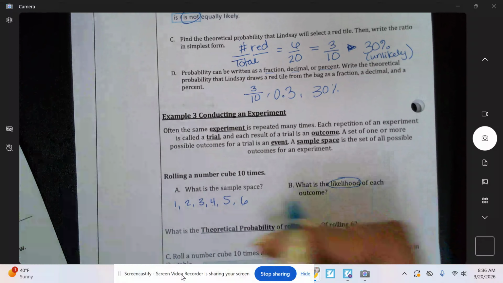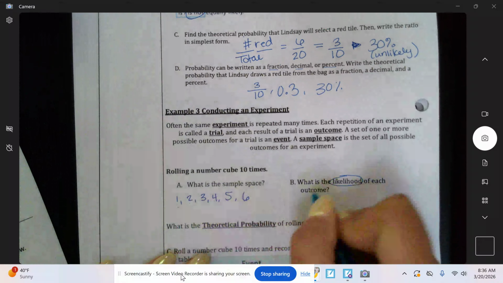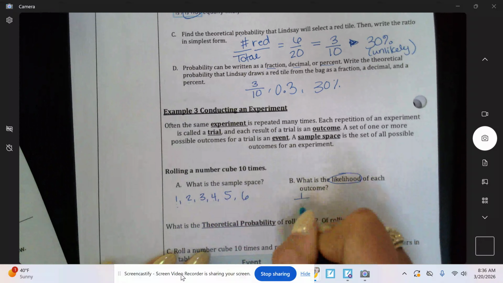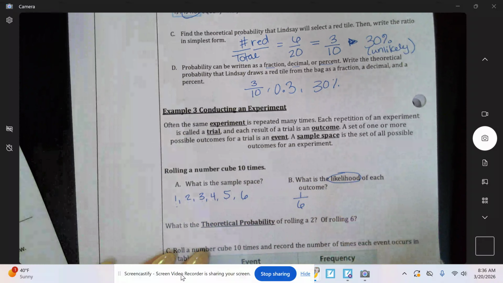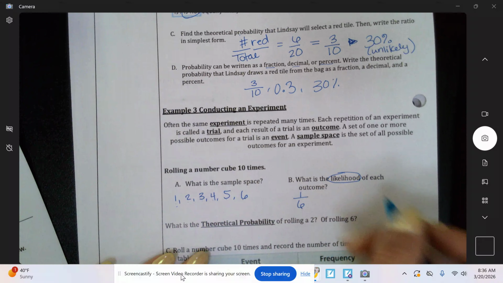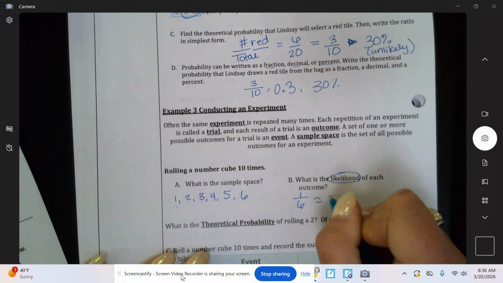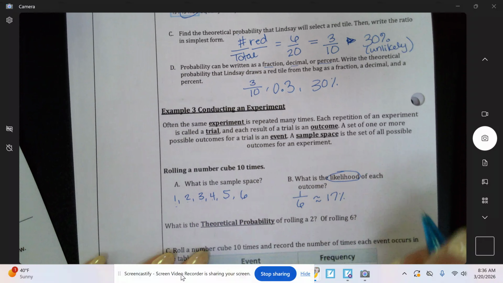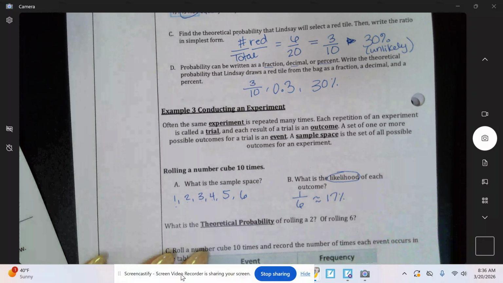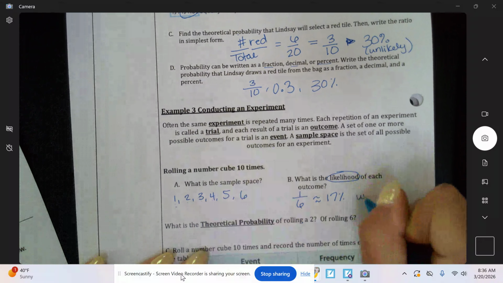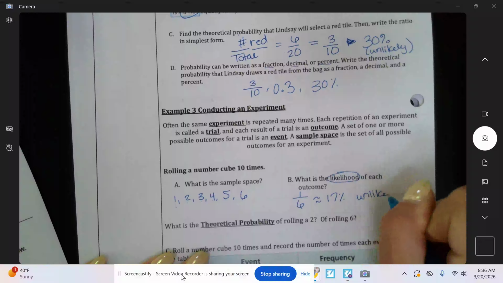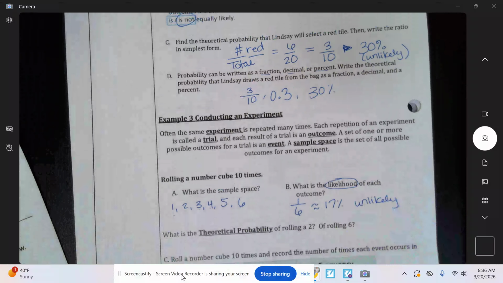So if I have a 1 out of 6 chance, that gives me a percent of about 17%. So what's the likelihood of that? So all of them are pretty much unlikely to happen, right?